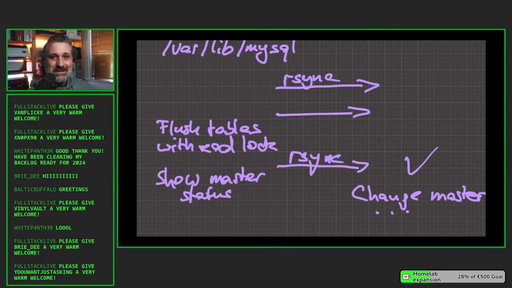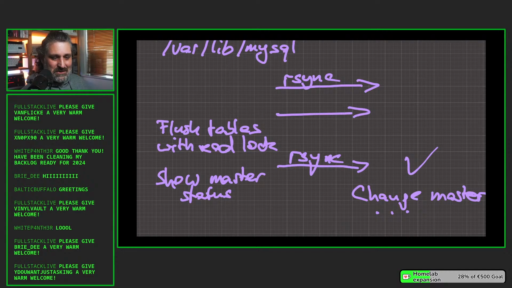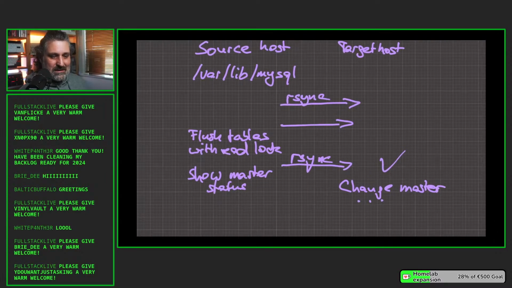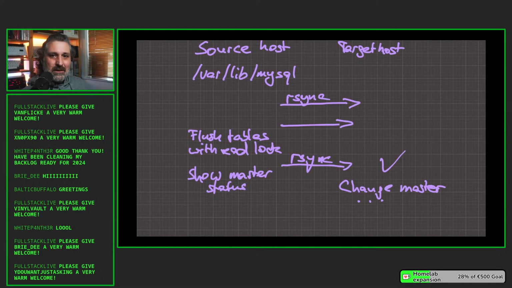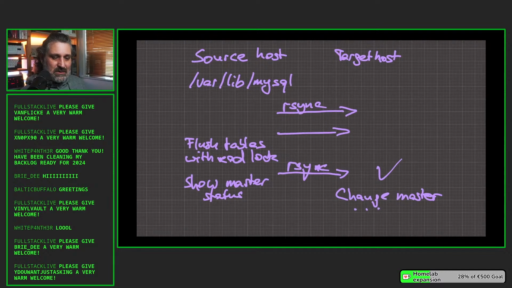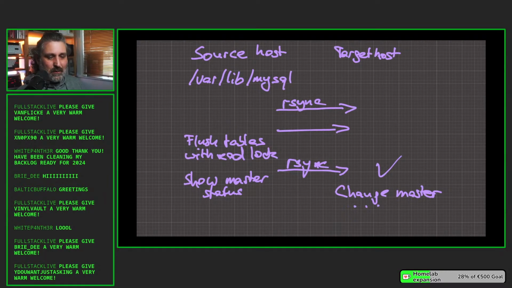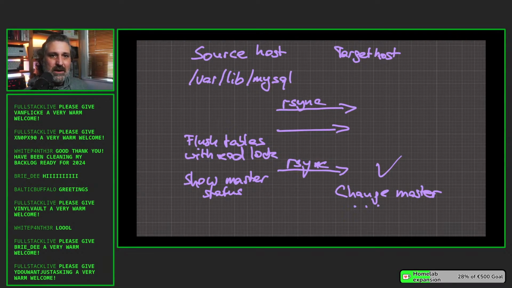I really appreciate it. So I was just explaining the process that you can take to basically copy data over from a production database that's still running to a target host that needs to become a replication follower.